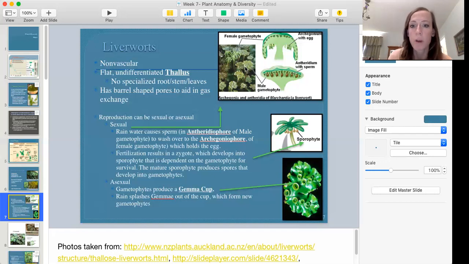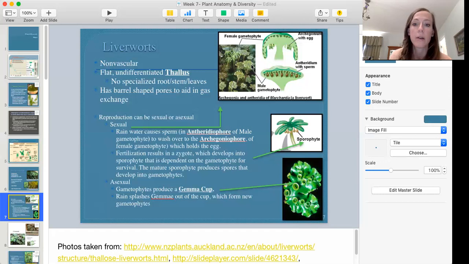This one, for instance, is more of a flower-shaped structure on top of the stalk, and this one has more finger-like projections hanging down from the stalk. These two are the male and female gametophyte structures.